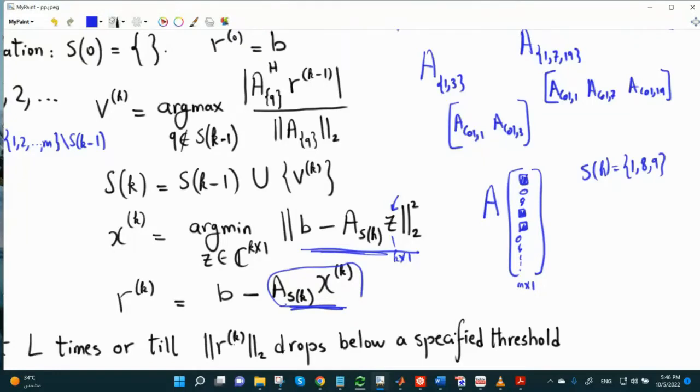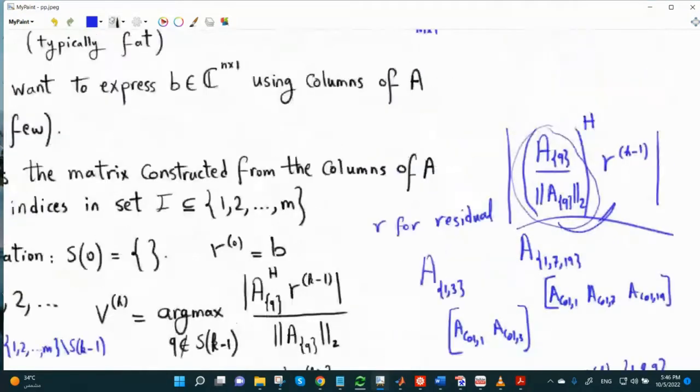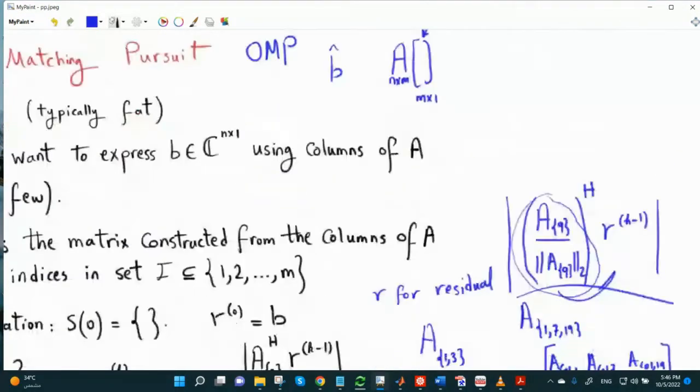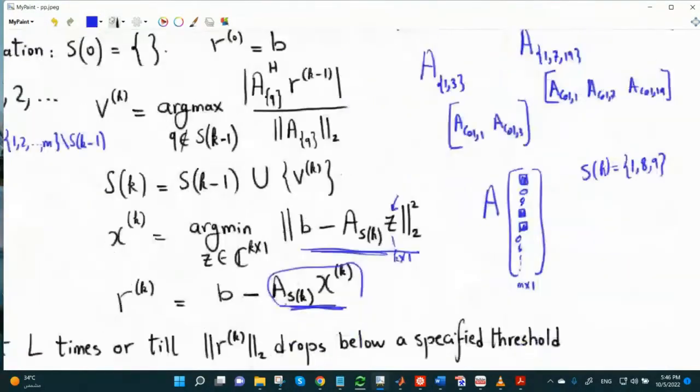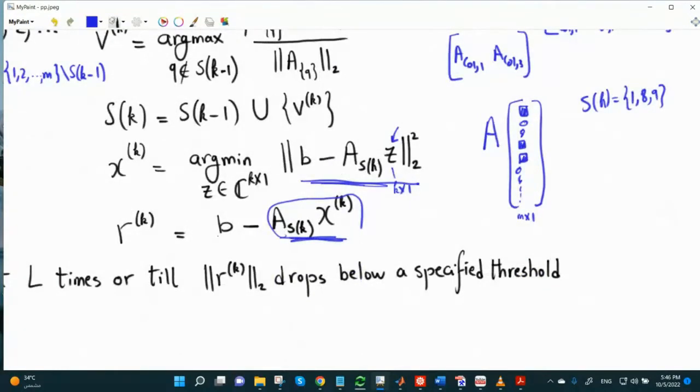Note that to decay to 0, you will need a condition, which is that vector b is in the range of A. If vector b is in the range of A, then it is possible that you can reduce the residual vector to 0, perhaps after a very large number of iterations. So basically, this video is about investigating the convergence of this algorithm, the orthogonal matching pursuit algorithm.